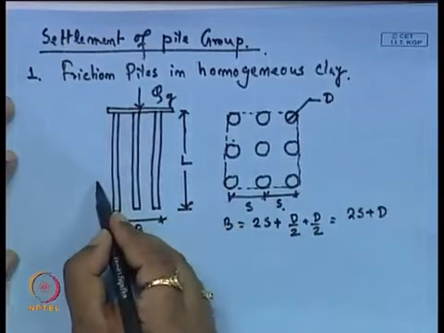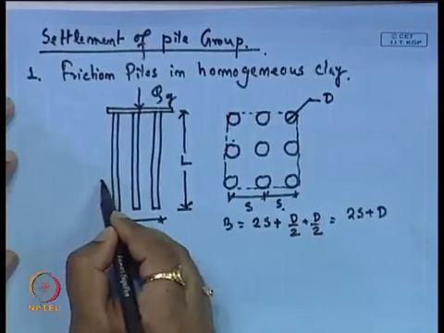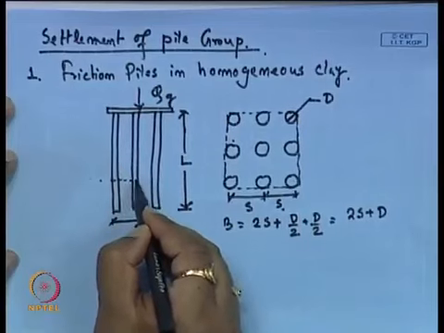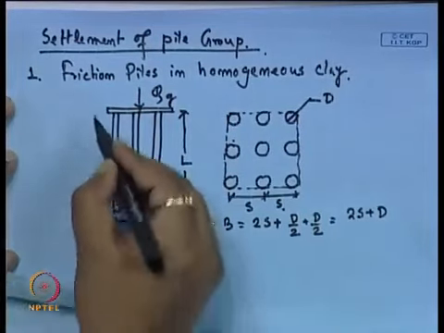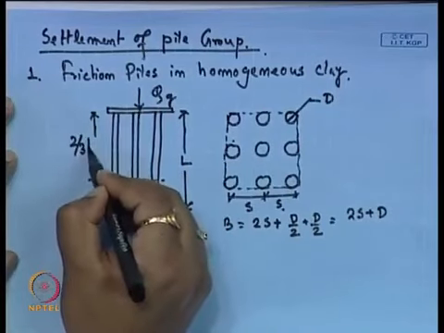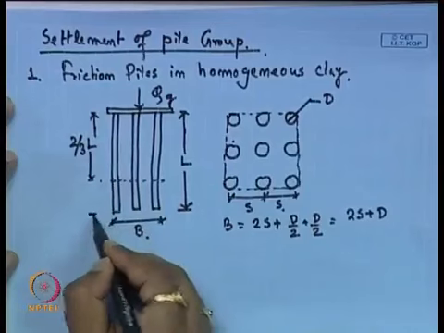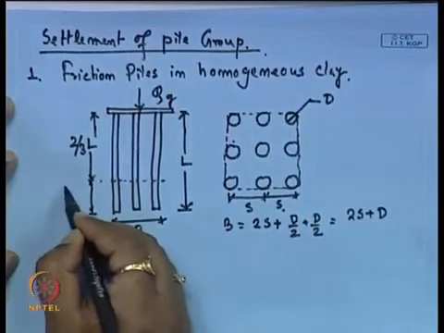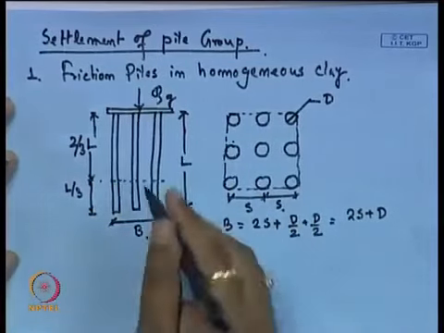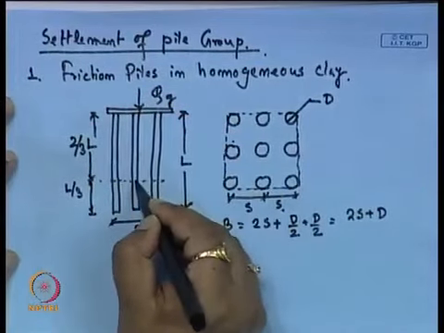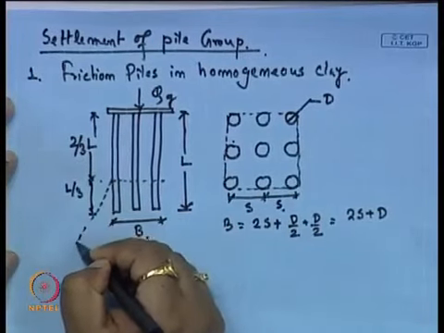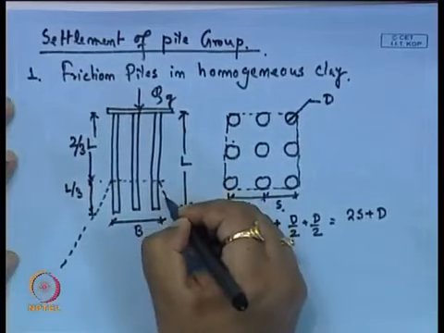Now, here it is recommended that you take it as if the total Q load is transferred at this level. The distance from the top is 2 by 3rd into L, and this distance is L by 3. So, as if all this Q load is transferred at this level, and then it is distributed into the ground.